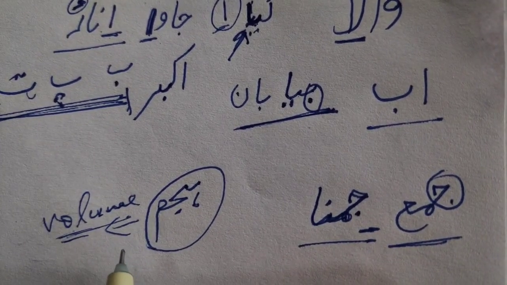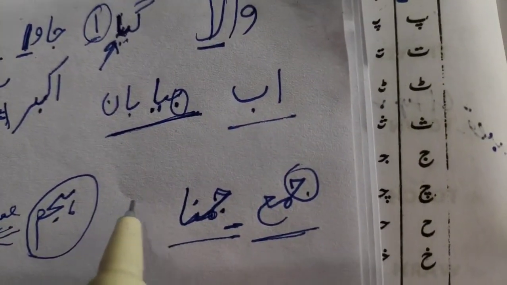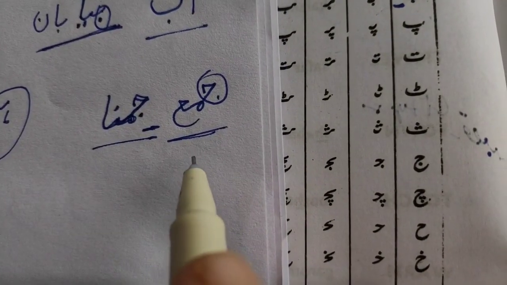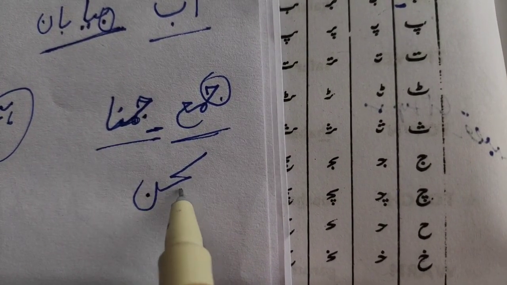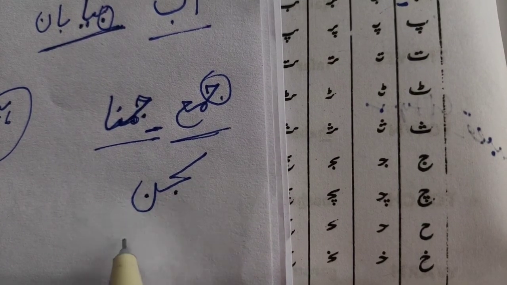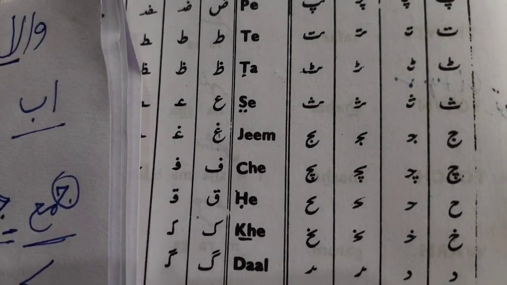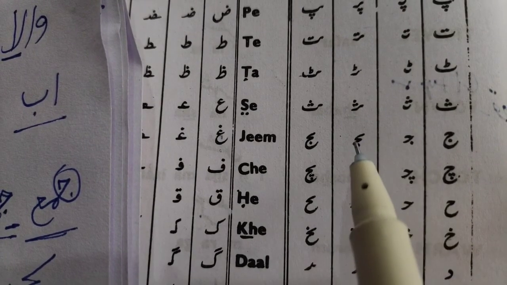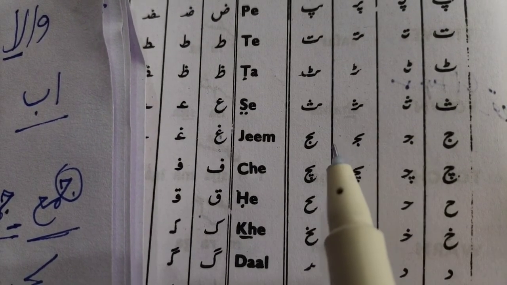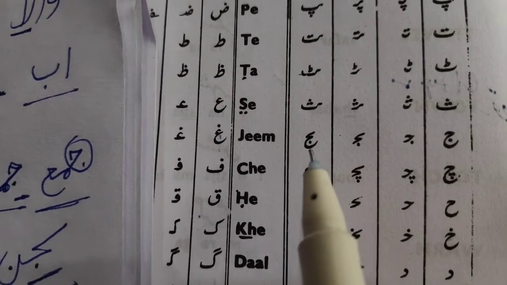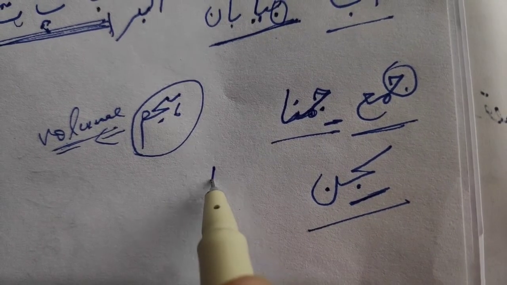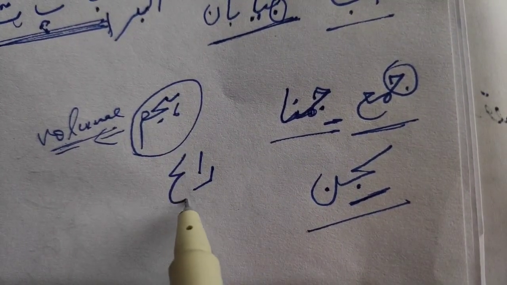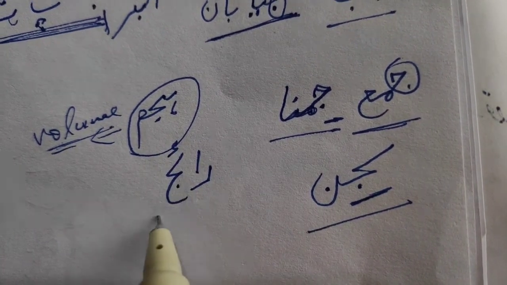And if anyone's name is Sajjan, which means a gentleman in Hindi, it looks like Seen, Jim, and Noon, and this is Sajjan. So Jim looks like this: this is initial, this is medial, and this is in the last. If you'd like to write Raij, Re, Alif, Hamza, here is the Hamza and here is the Jim, and it looks like this.